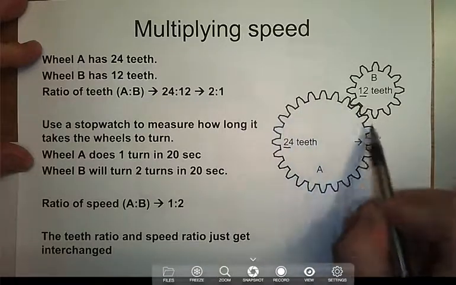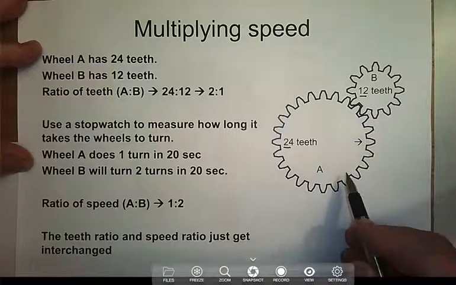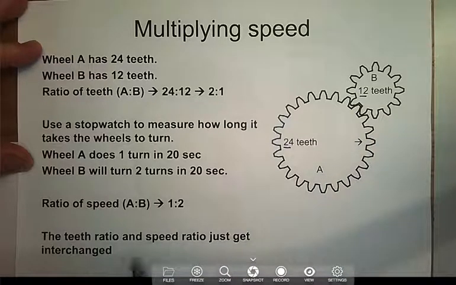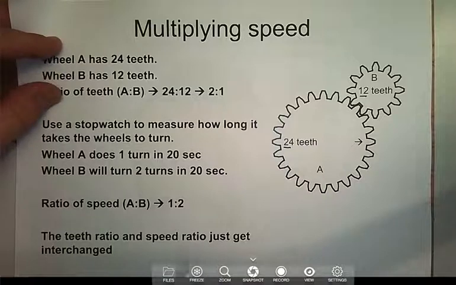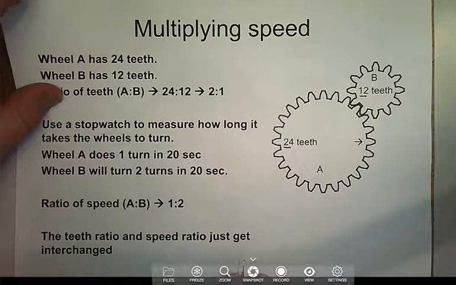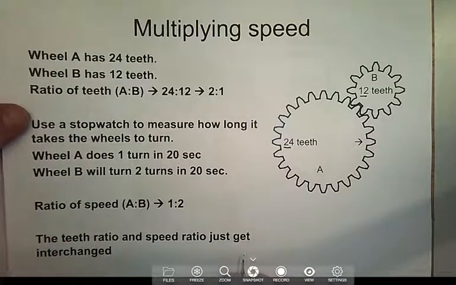So as this goes all the way round, that will have to go round twice to match it. So the ratio of speed is 1 to 2: 1 revolution of A to 2 revolutions of B. The teeth ratio and speed ratio just get interchanged. That's quite simplistic. Hopefully pretty easy.